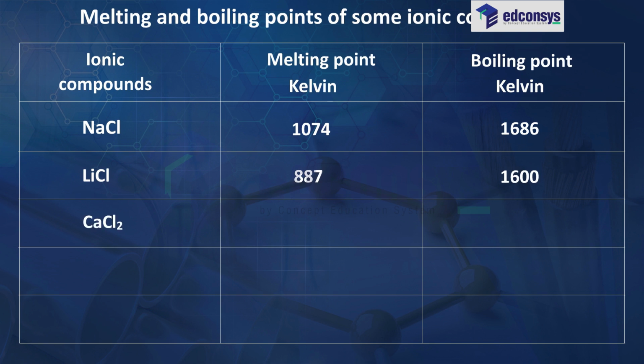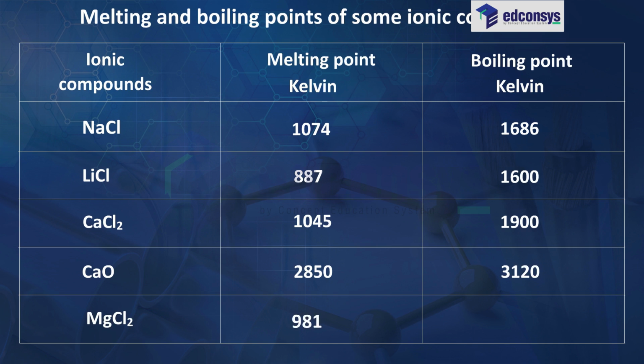CaCl2: melting point 1045 Kelvin, boiling point 1900 Kelvin. CaO: melting point 2850 Kelvin, boiling point 3120 Kelvin. MgCl2: melting point 981 Kelvin, boiling point 1685 Kelvin.